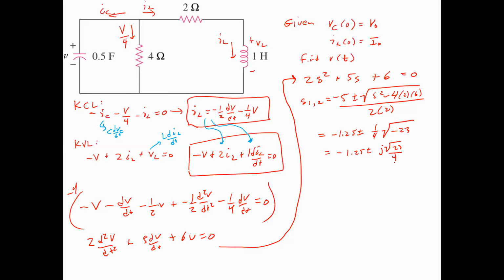Well, I might as well just knock this thing out. So V of t is going to equal e to the minus 1.25t times a1 cosine of root 23t over 4 plus a2 sine of root 23t over 4.